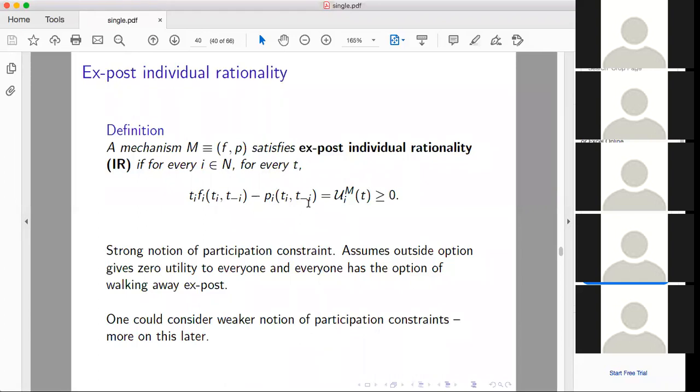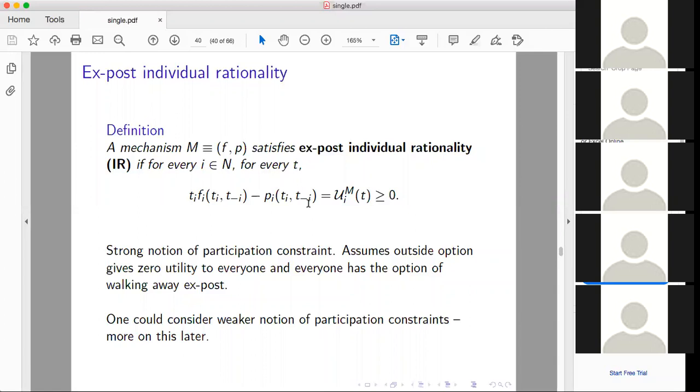What this assumes is that the outside option of the agents is to not get the object and not pay anything. So the outside option is 0, and hence the participation constraint requires that the utility they get must be greater than or equal to 0. Of course, there are many settings that we will study later where the outside option need not be 0.